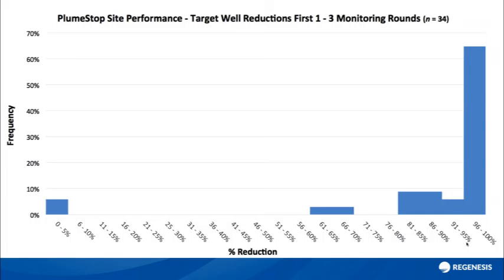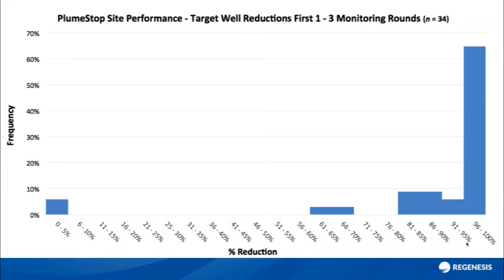How far did the concentration go down within the first 3 monitoring rounds after the PlumeStop had been applied? The vertical axis is the frequency of this. So what you can see is that the big fat bar on the right-hand side is showing that the majority of sites, concentrations were reduced by more than 96% within the first 3 monitoring rounds.